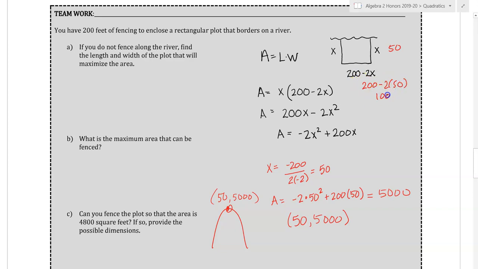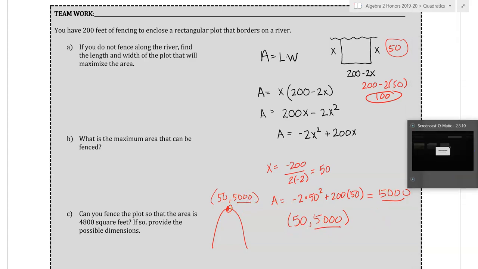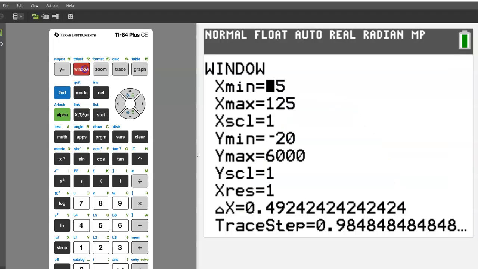So this is 100. So your dimensions would be 50 feet by 100 feet, giving you a maximum area of 5,000 square feet. So if you looked in your calculator, I used this window.